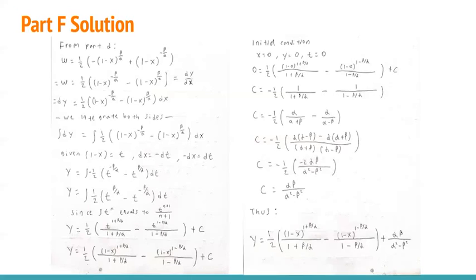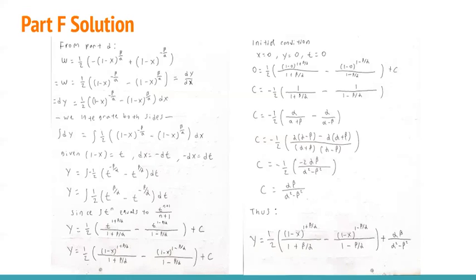And this would give us c equals negative 1 over 2 times negative 2 alpha times beta over alpha squared minus beta squared. And from this, we understand that the constant of this equation, or c, would equal alpha times beta over alpha squared minus beta squared.